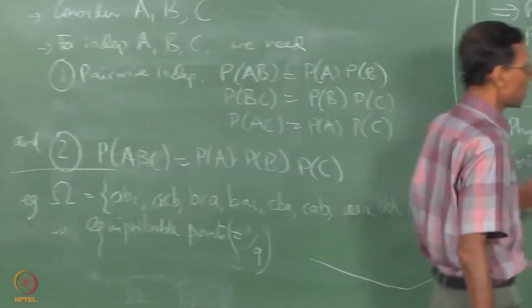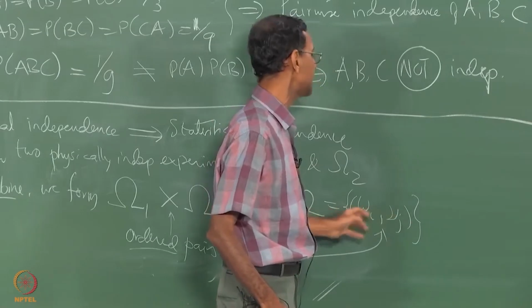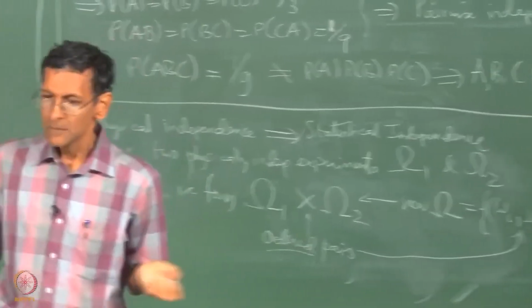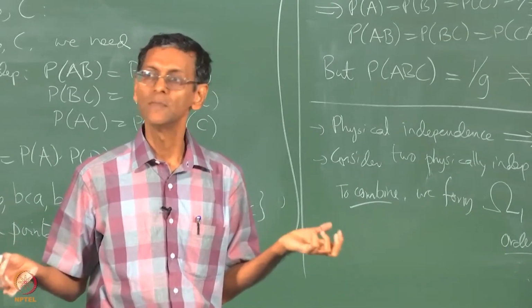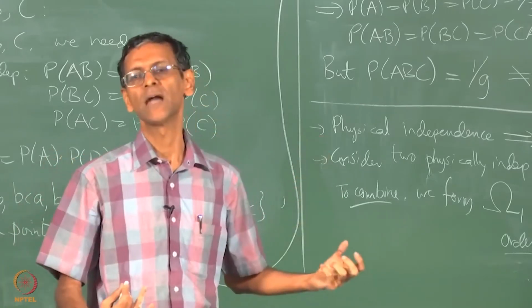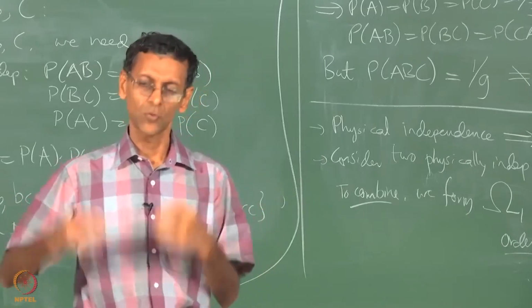Obviously, for example, if omega 1 and omega 2 are identical, you can get things of the form 1 3 and 3 1, if you throw dice, but 1 3 is not the same as 3 1, and that should be very clearly kept in mind. 1 3 is getting 1 on the first die and 3 on the second die, or 1 on the first throw and 3 on the second throw, whatever.